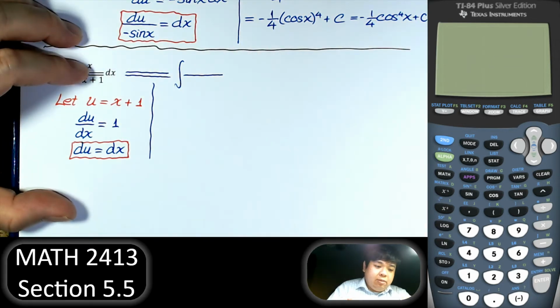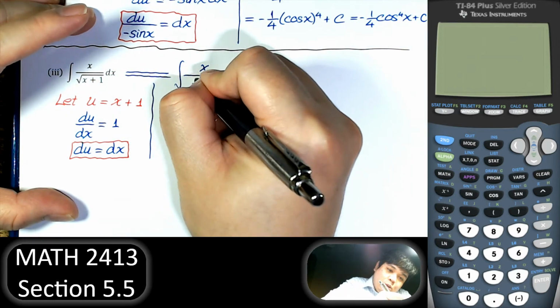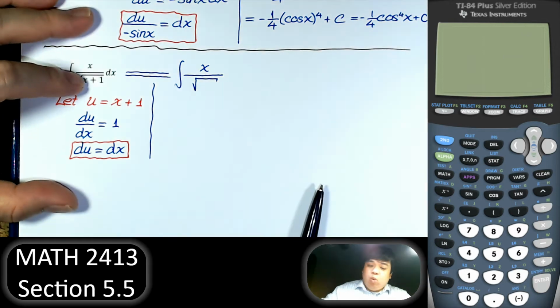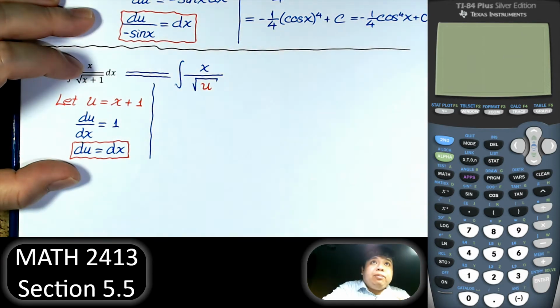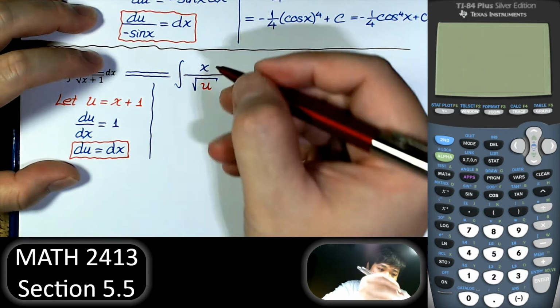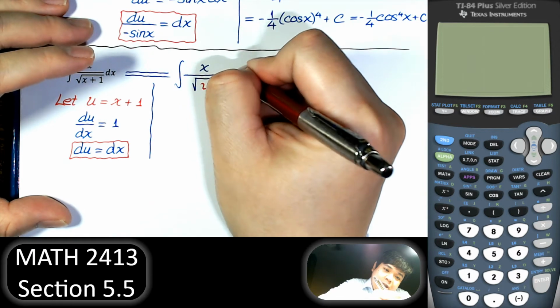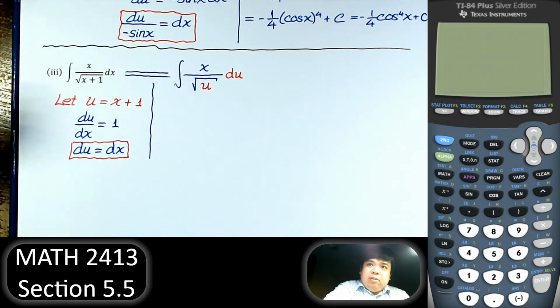X will be just x. At the bottom we have square root of x plus 1. Square root of x plus 1 is u. And then dx is equal to du, right? Right. And we say, yeah, that's what we have.